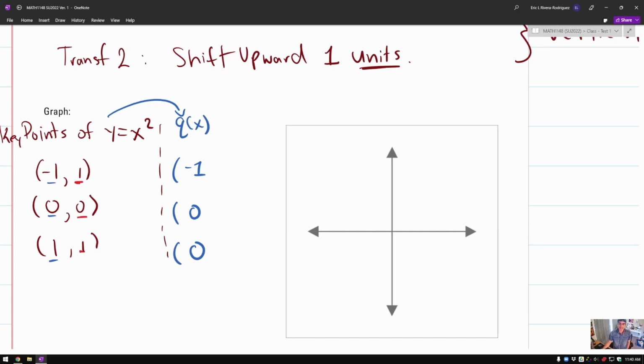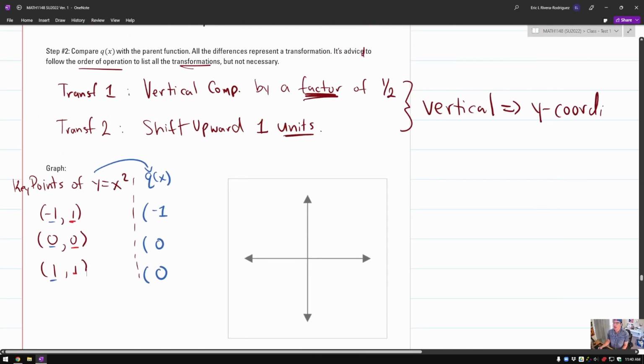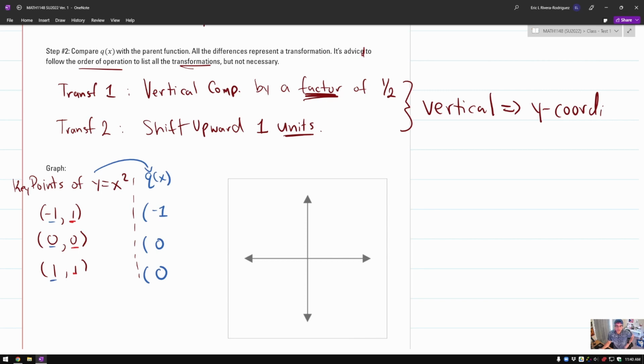Now, the y coordinate is the one that is going to be affected by the transformation. And we know that we have a vertical compression by a factor of 1/2, and we need to shift the graph upward 1 unit. So we can create an equation that will help us to evaluate the y value after the transformations. A factor of 1/2 means that we are going to multiply all the y coordinates by 1/2.